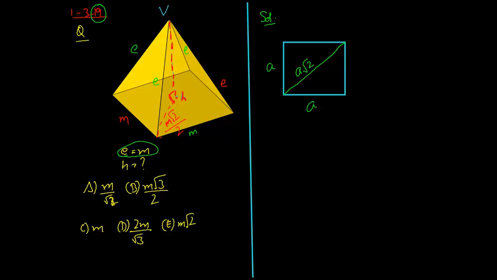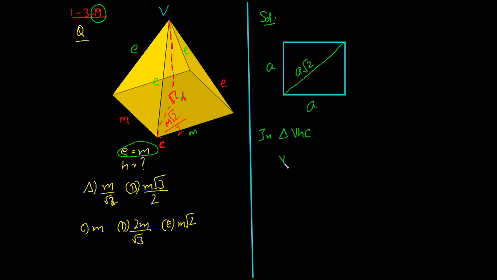Now let's name these things. We already have a V there, we have an H here, and let's call this C. Now we have the triangle VHC, which is a right angle triangle. We apply the Pythagoras theorem.